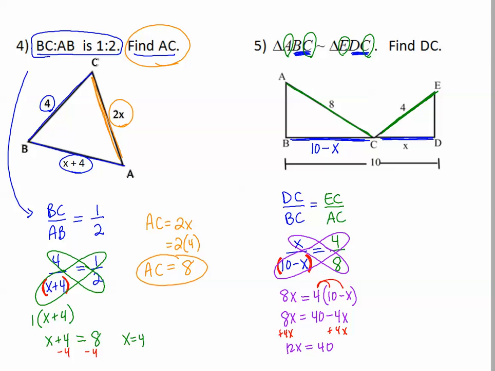And get x by itself. So x is 10/3. If we use our calculator, it'd be a run-on decimal. So I'm just going to leave it as 10/3. Says find DC, and DC says x. So I will write that DC equals 10/3.